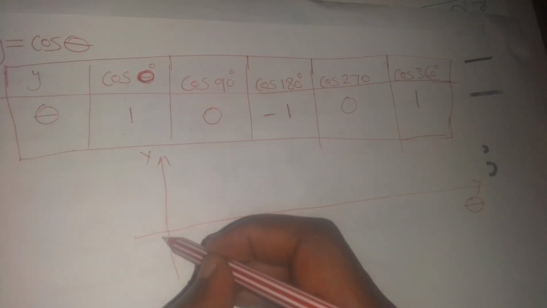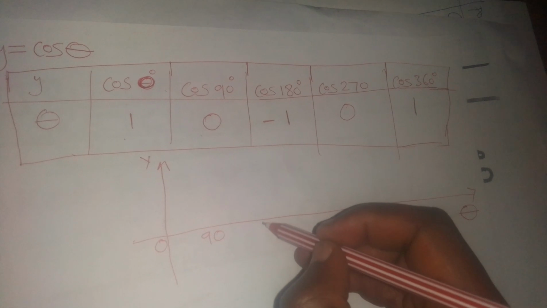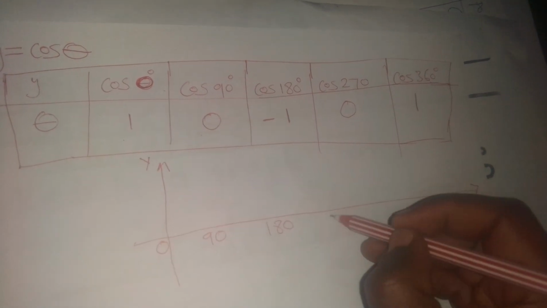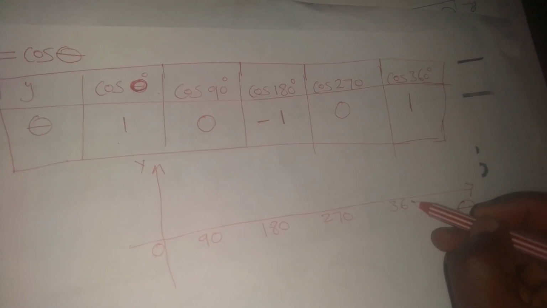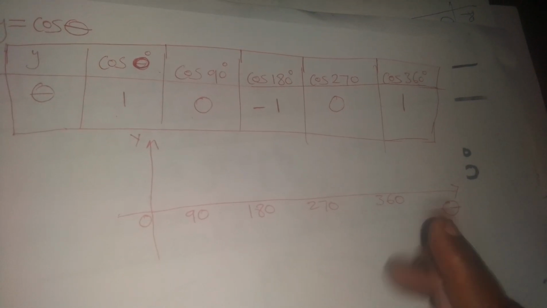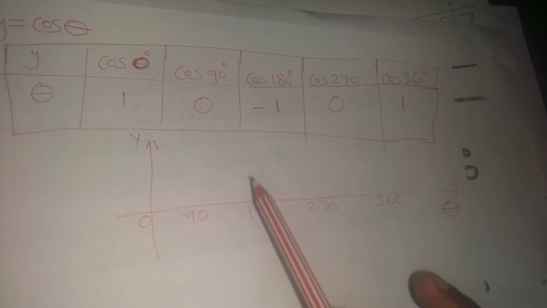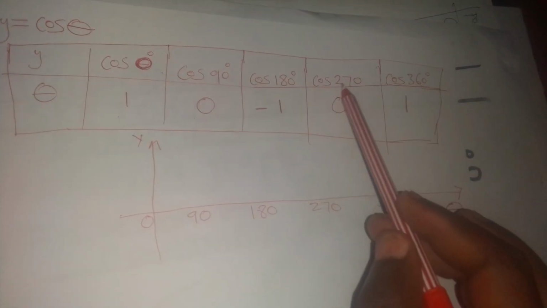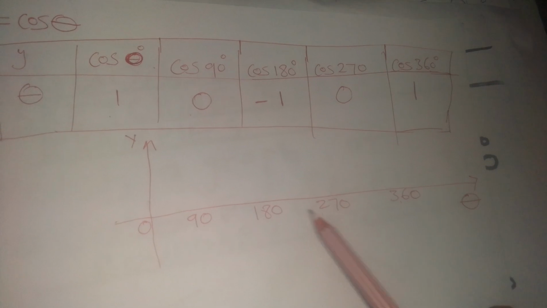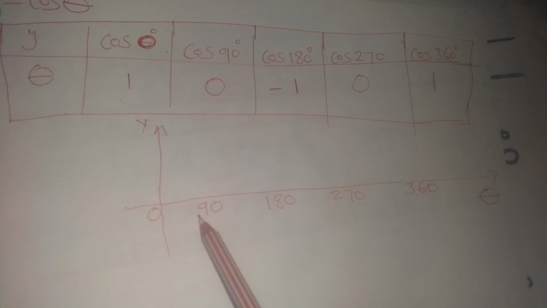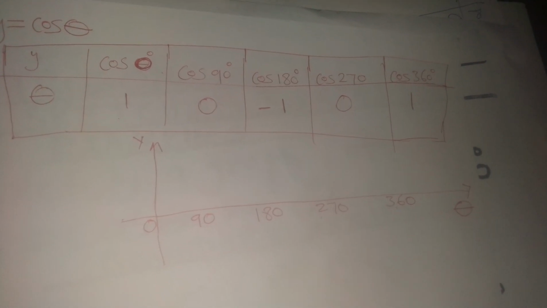So at this point there will be a 0, then 90, then 180, 270, then 360. Since theta represents the angles, these are the angles 0, 90, 180, 270, 360. Make sure you maintain at least an even distance, since we don't know the units.